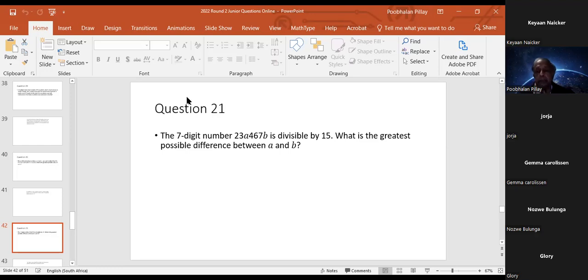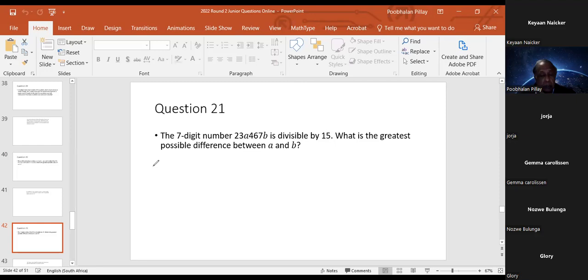Question 21, it says here that you got a 7-digit number. It's given there, a 7-digit number. There it is, 23A467B. It's divisible by 15. What does it mean? If it's divisible by 15, that means it's divisible by 5 as well as 3.